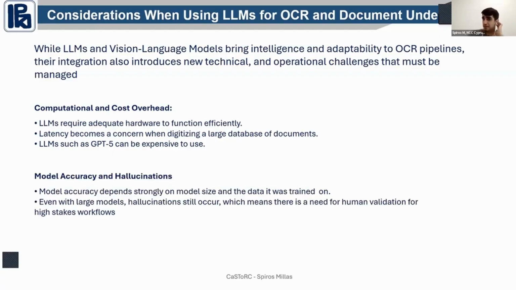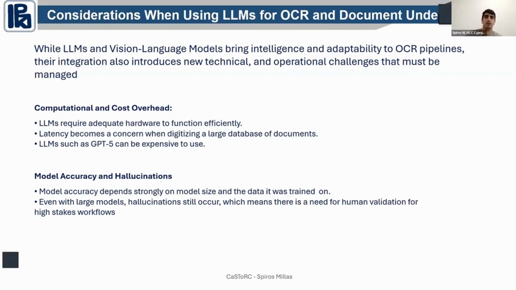The second and major consideration is, of course, the accuracy and the rate of these hallucinations. The quality of the model's output depends very heavily on its size and the data it was trained on. Of course, we found that larger models generally perform better, but again, this ties back to the cost.